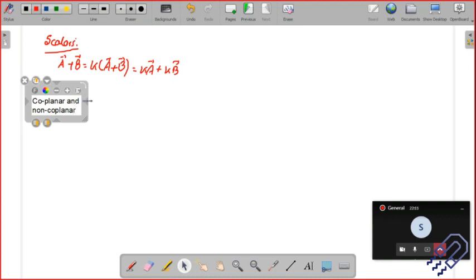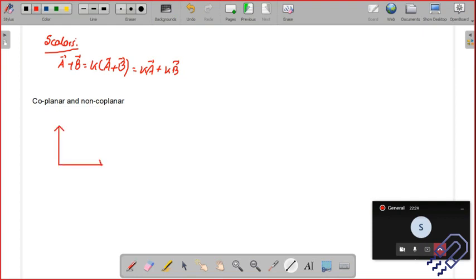So coplanar and non-coplanar vectors, I think you already know about it. We're talking about planes here. In general, maybe I can draw a three-dimensional image. We can take the three axes here, the x-axis, y-axis, and the z-axis.